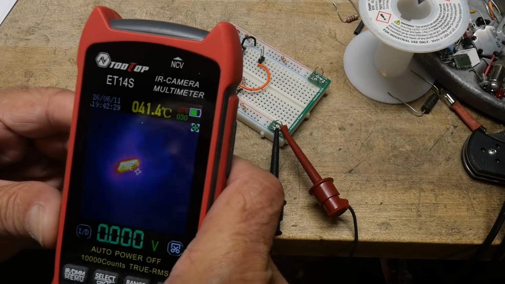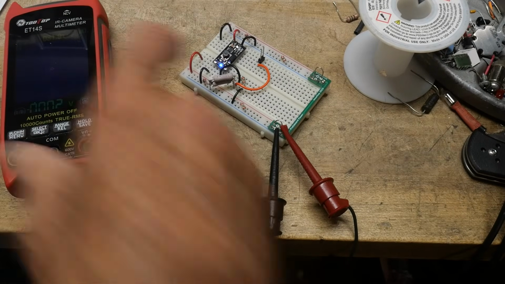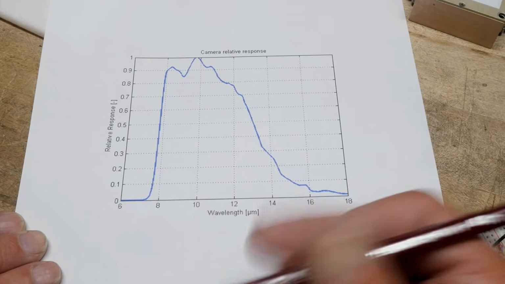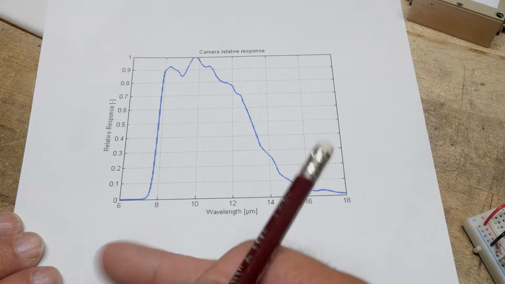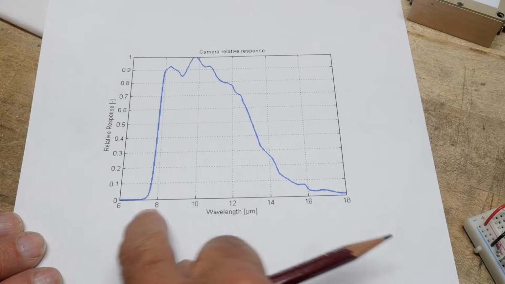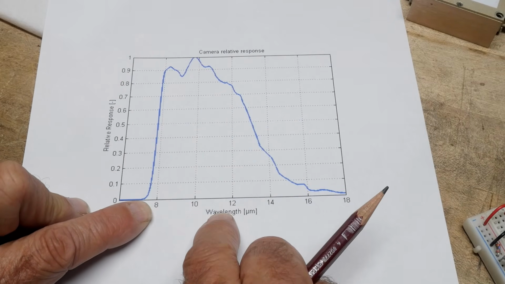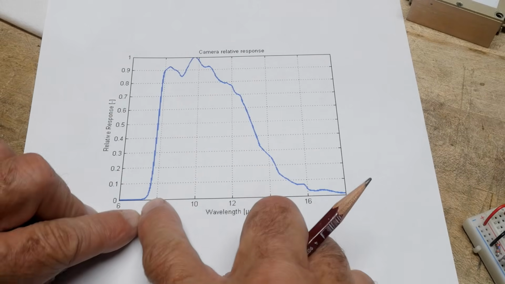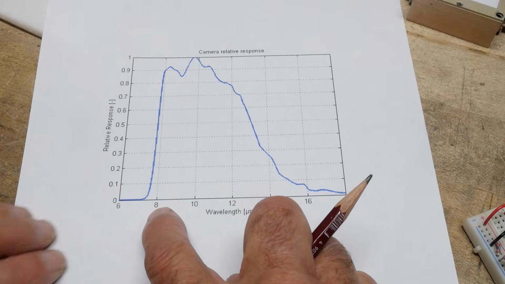Okay. So what wavelength are we actually detecting here? So let's look at a graph. All right, here's a graph of the wavelengths that a microbolometer thermal camera sees. This is from the FLIR company. And you can see here the wavelength range goes between about 8 microns and 12 microns. Okay, that's kind of its sweet spot. Where do we see?